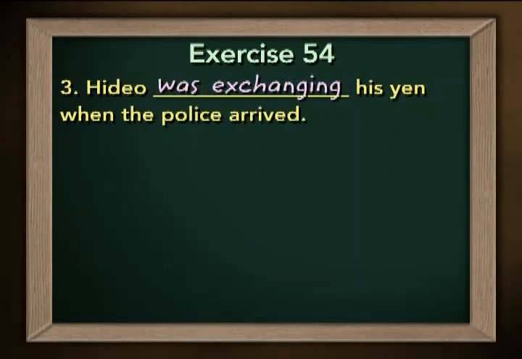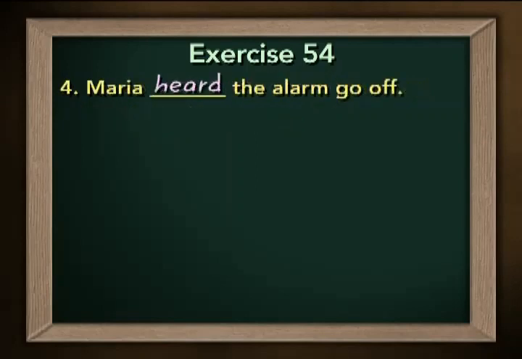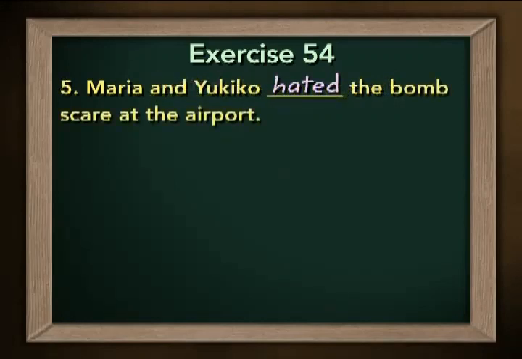Then Hideo was exchanging his yen when the police arrived. Next, Maria heard the alarm go off. Here is a verb of sense, so we use just past tense. Next, Maria and Yukiko hated the bomb scare at the airport. Verb of emotion, just a past tense.